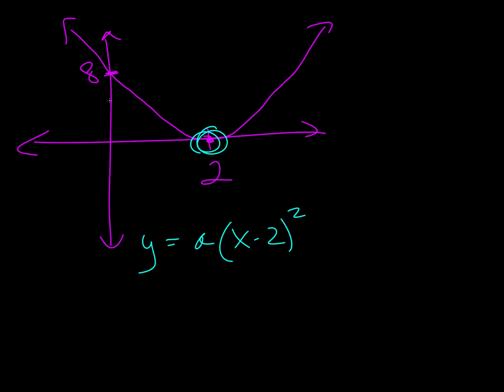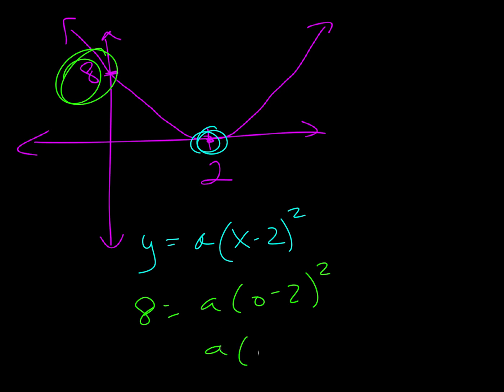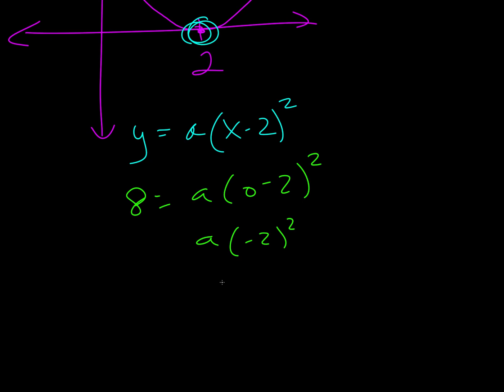Now we take the y-intercept, and we know that's going to occur when x equals 0. So we plug in a 0 for x. And so we get 0 minus 2 squared, which is going to be +4. And then we divide by 4. We see that a equals 2.